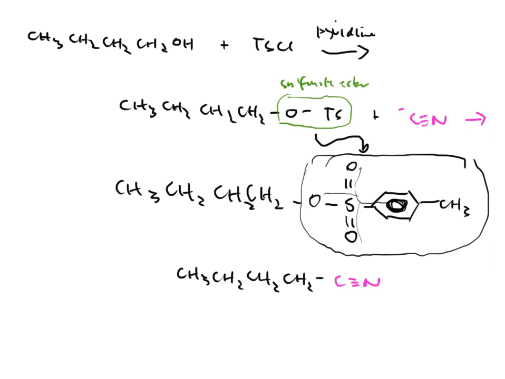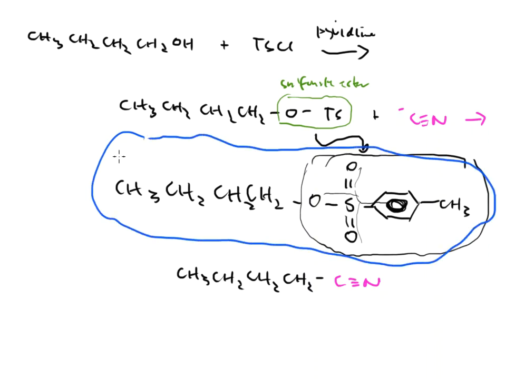A couple of pieces of terminology here that I want to talk about. The first piece of terminology is this whole piece here. This is an alkyl group, right? CH3, CH2, CH2, CH2.